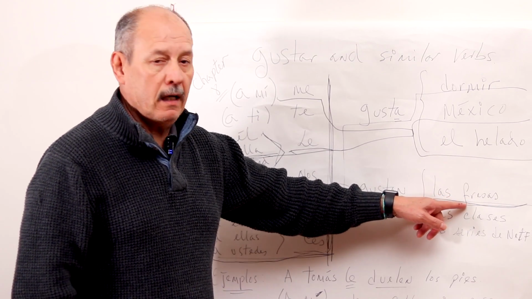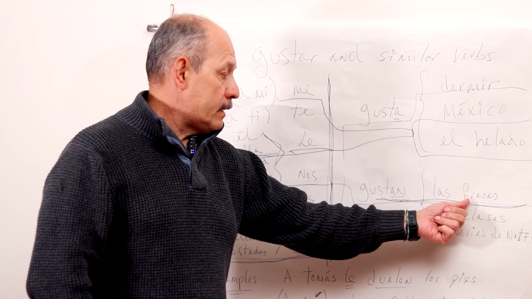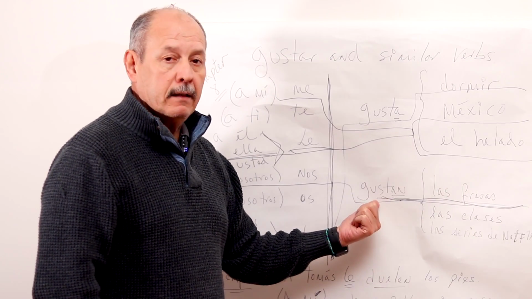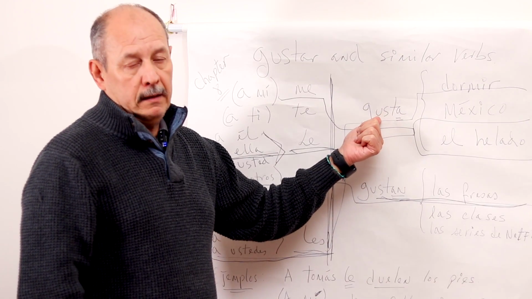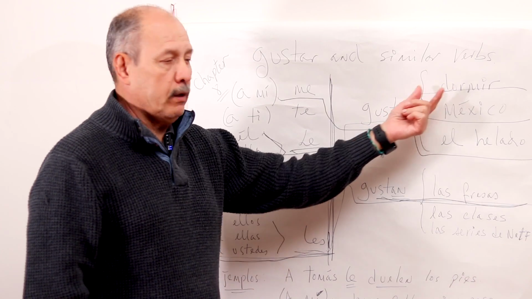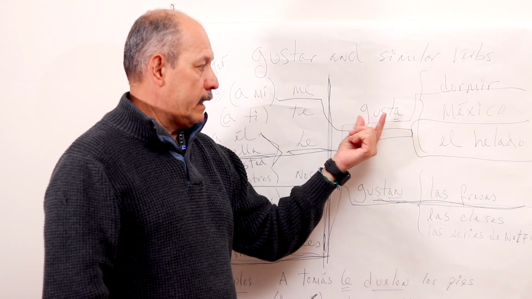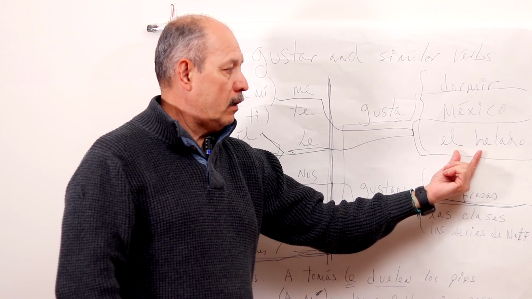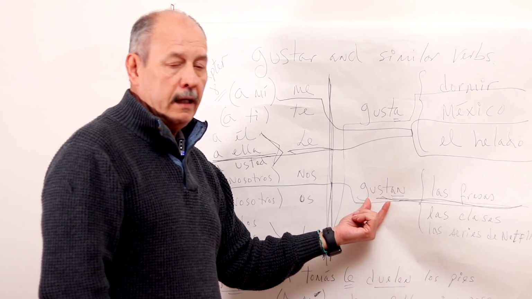Because las fresas, strawberries, are plural, right? Las fresas is impacting the conjugation of verbo gustar, as well as dormir is impacting the conjugation of verbo gustar here, and we make it singular with dormir because it's a singular action. Place, make it singular, and a singular object, make it singular. Plural object, make it plural.